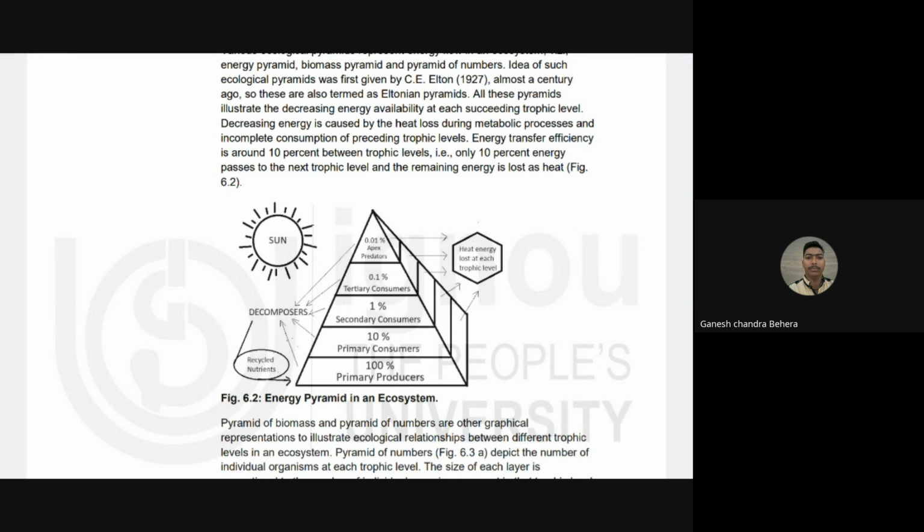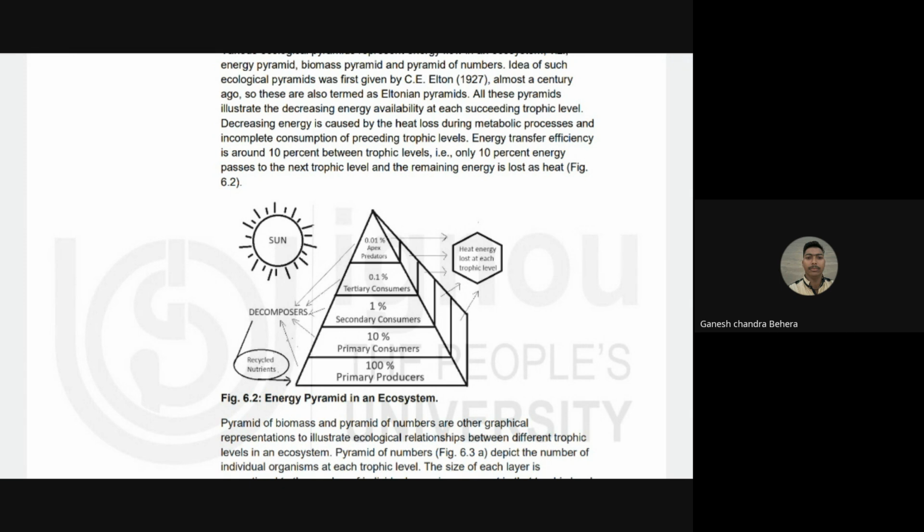Producers are the first trophic level. When energy is transferred from the first to the second trophic level, there is a loss of 90% of energy, so the heat energy is lost.